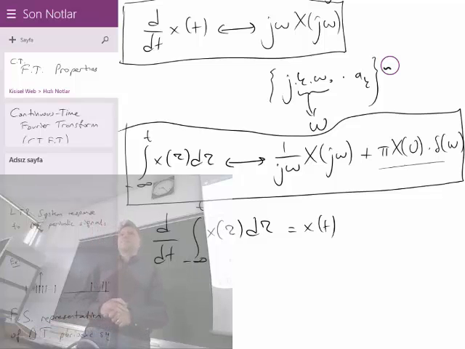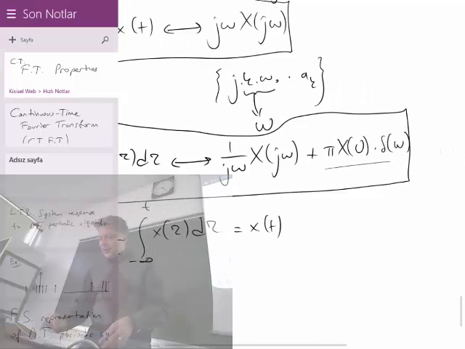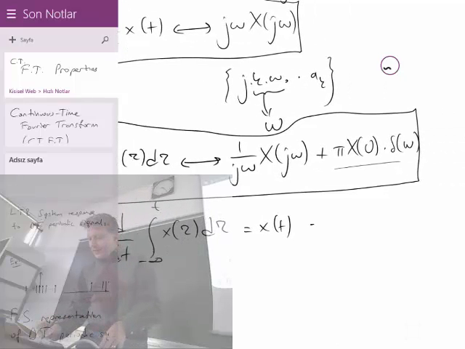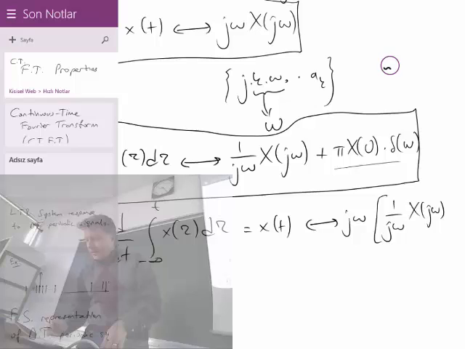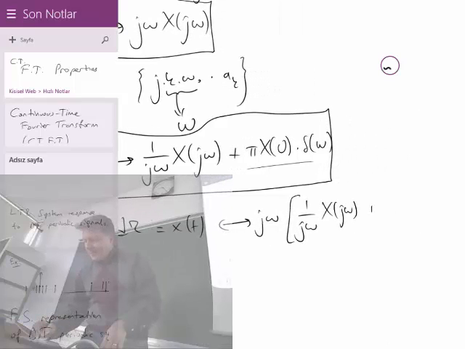Okay. They are inverses of each other. Therefore, the Fourier transform must correspond to X of j omega. Is it X of j omega? We have to do it like this. j omega times 1 over j omega X of j omega plus pi X of 0 delta of omega.